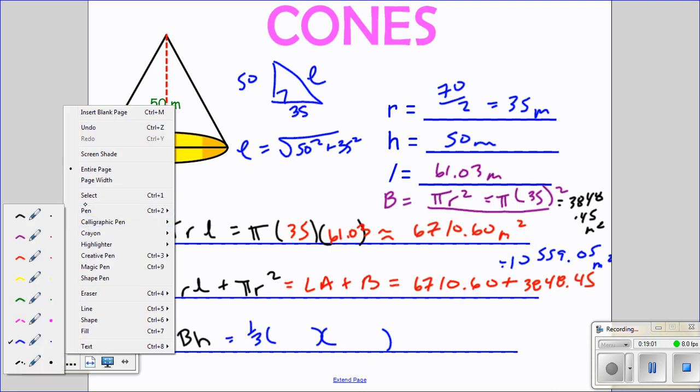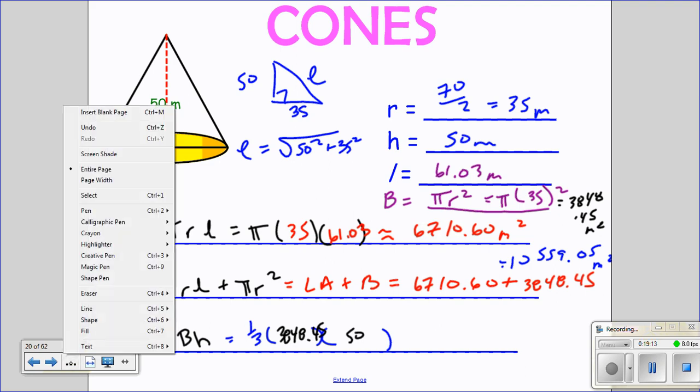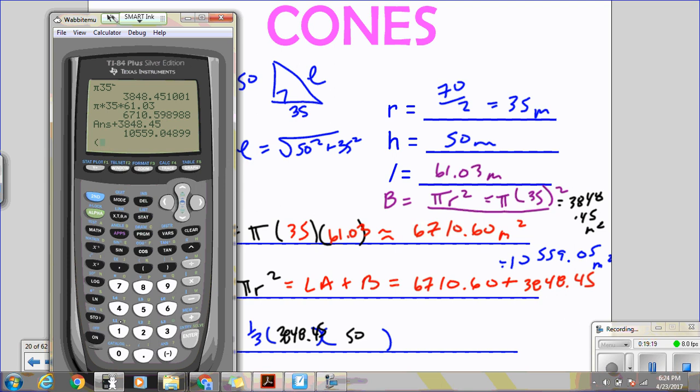And now for our volume, it's 1/3 base times height. Our base area again, 3848.45. Our 3D height is 50. Grab our calculator. Whew, another ginormous number.